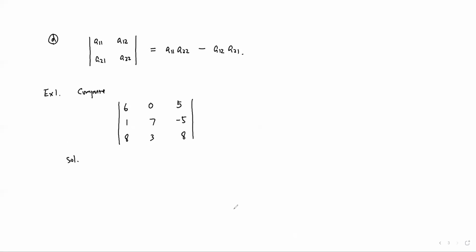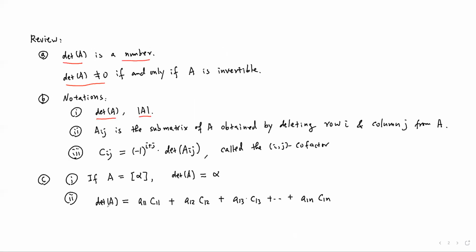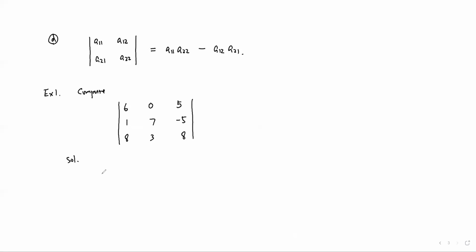Solution. The formula is here. Expand the determinant across the first row. By the formula, this determinant is equal to A11 C11 plus A12 C12 plus A13 C13.